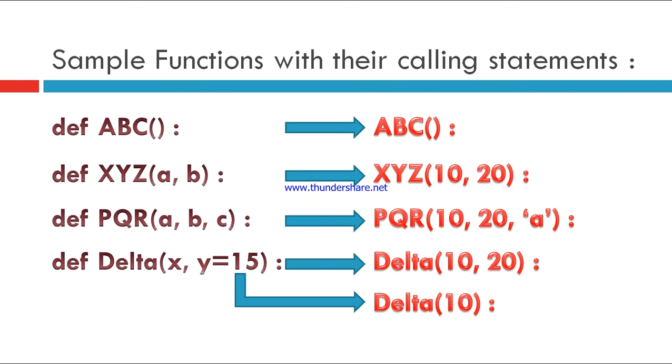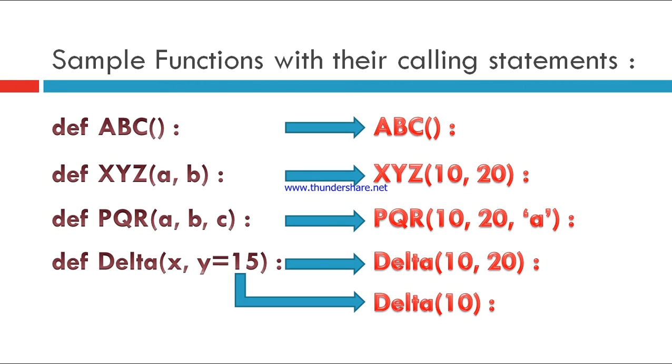Right? Now check out the last function, that is def delta x comma y equal to 15. Here one value is assigned in the function declarator to a specific variable, y equal to 15. So y is known as the default argument or default parameter of this function.